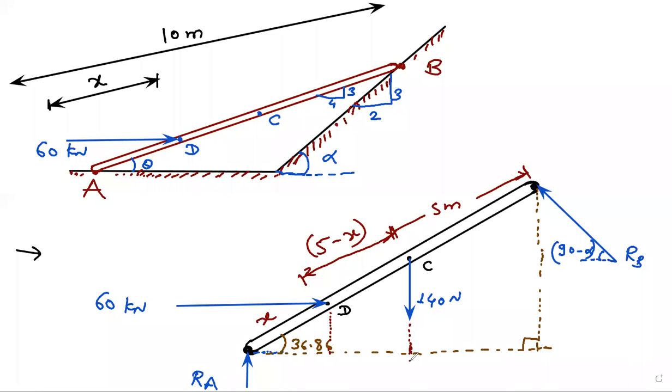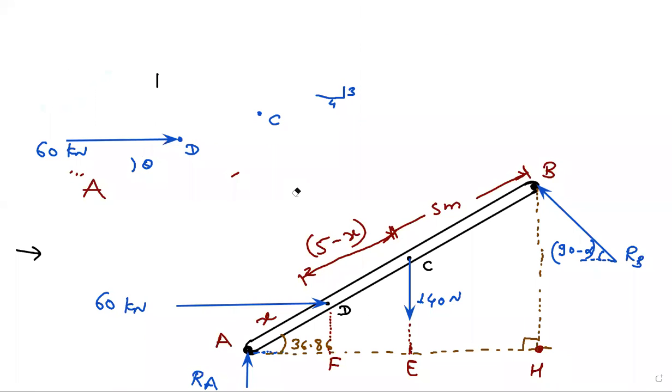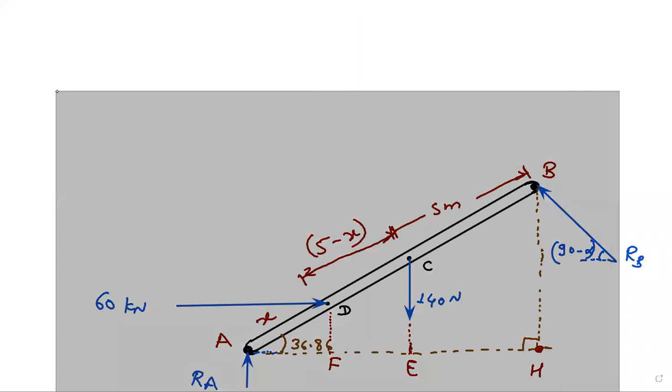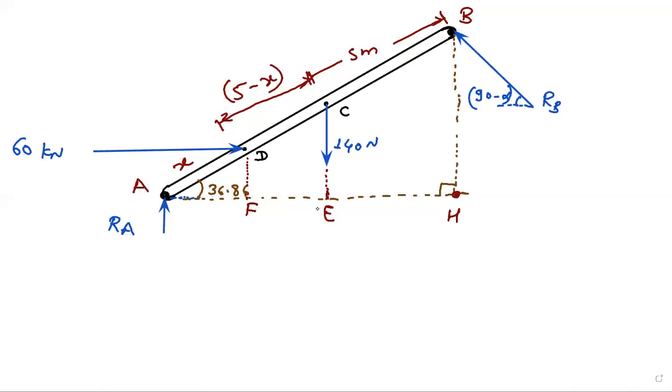Suppose this point is E, F, this is suppose EH, this is your B, this point is A. Is it over?